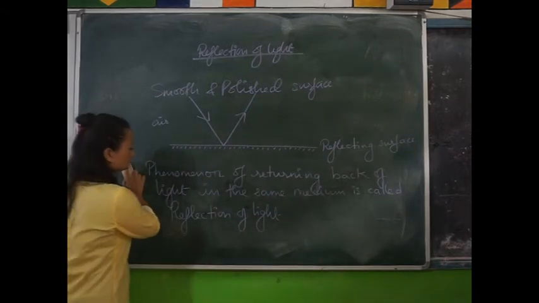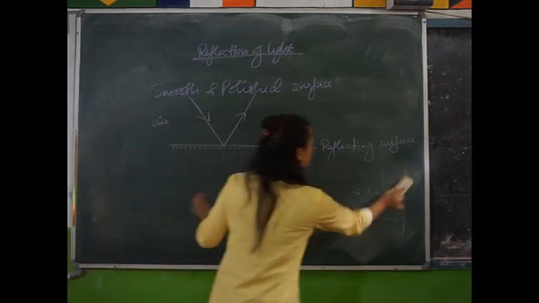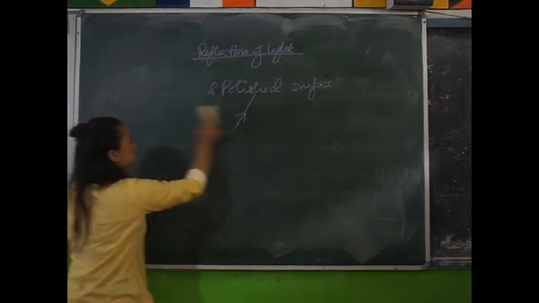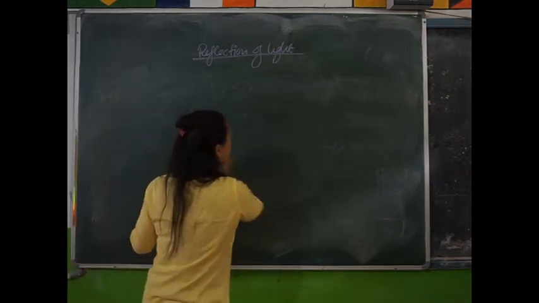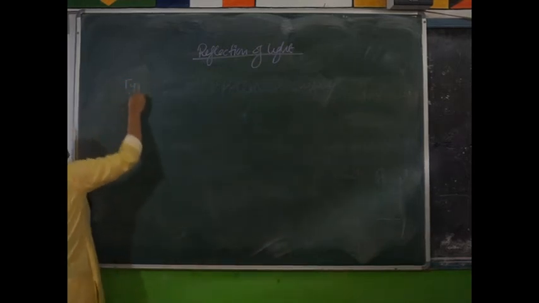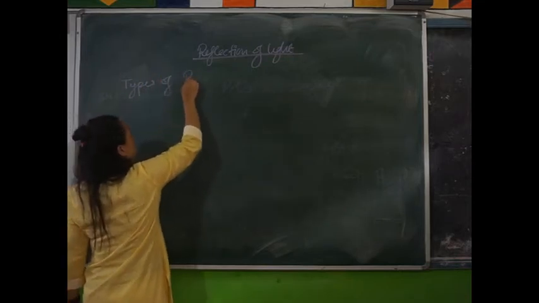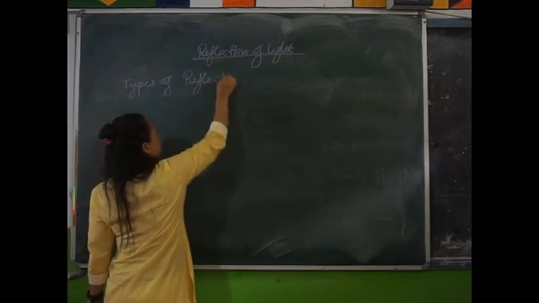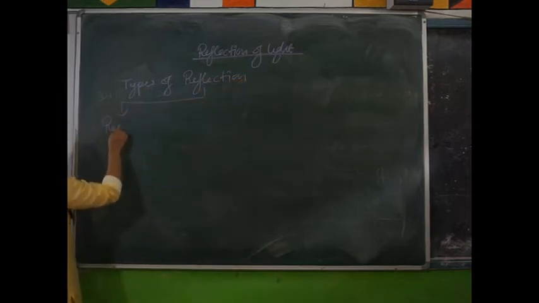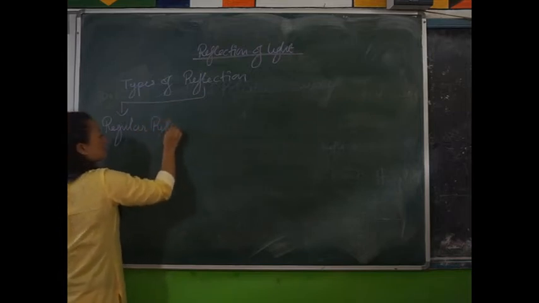Now, there are two types of surfaces, and depending upon the types of surfaces, reflection can be of two types. One is called regular reflection.